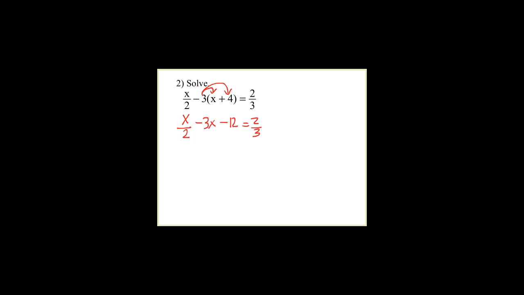The number I would clear by has to be the common multiple between 2 and 3, or a common denominator, which would be 6. So I'm going to multiply by the common multiple of 6. And you can see I can cross cancel. 2 goes into 2 once. 2 goes into 6 3 times. 3 times x is 3x.